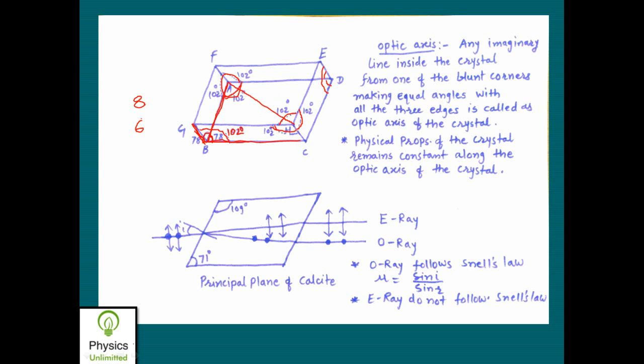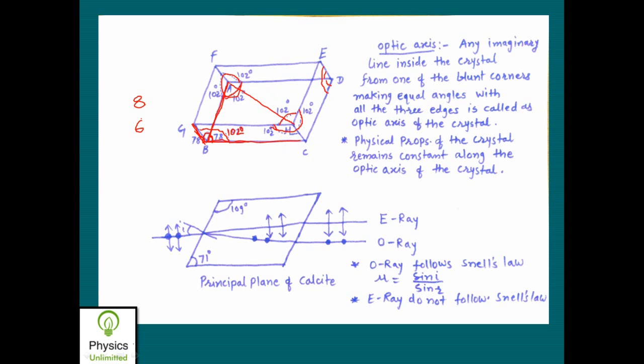At the 2 diametrically opposite corners of the crystal, or you may call them diagonally opposite corners, all the angles are obtuse angles and they are equal, while at the remaining 6 corners of the crystal, there are 2 acute angles of 78 degree and 1 obtuse angle of 102 degree.